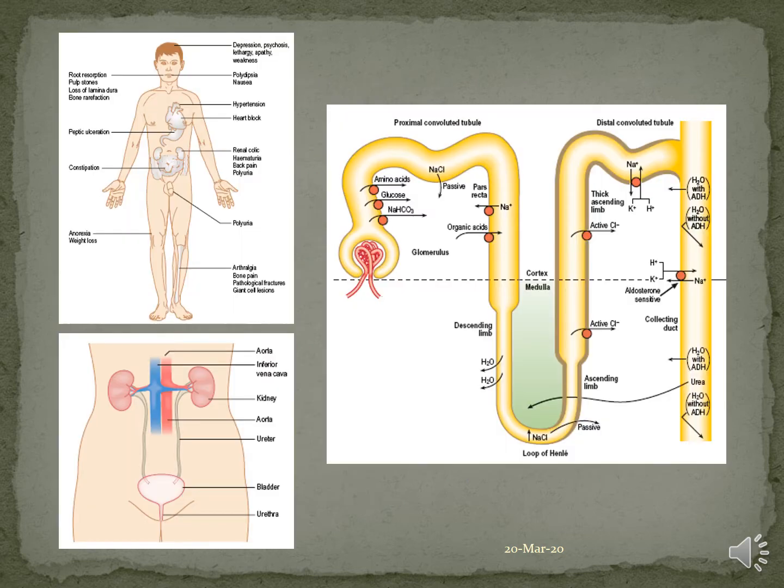Regarding the renal disorders, now we are seeing the gross anatomy of the kidneys and the basic functional unit of the kidney, which is called the nephron. It contains the glomerulus with the Bowman's capsule, and then the proximal convoluted tubule, descending loop of Henle, ascending loop of Henle, and distal convoluted tubule, into which the filtered blood goes.